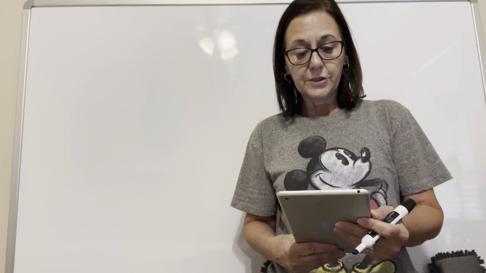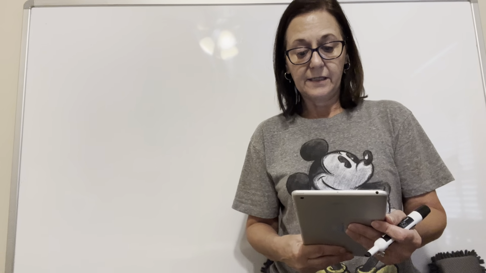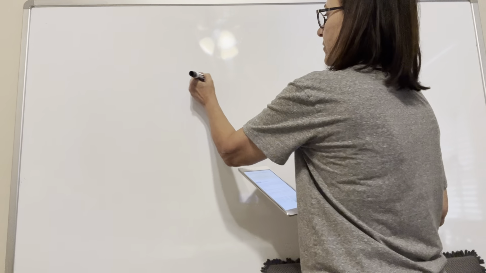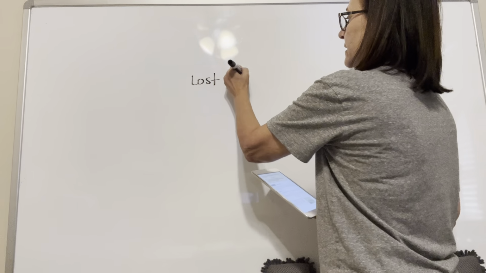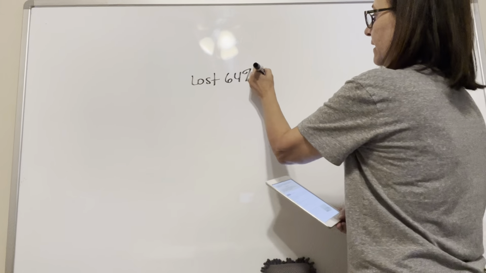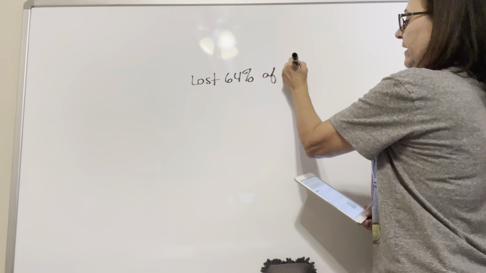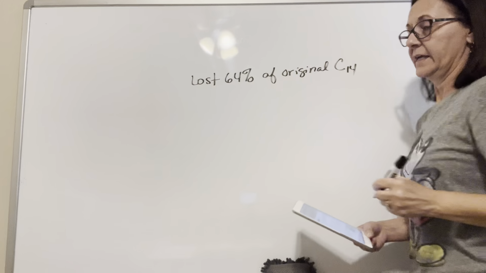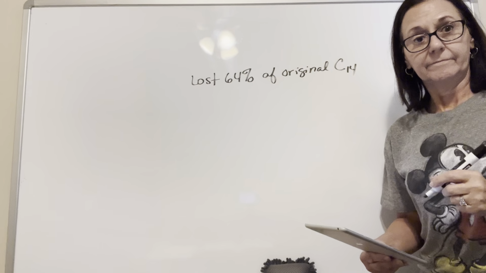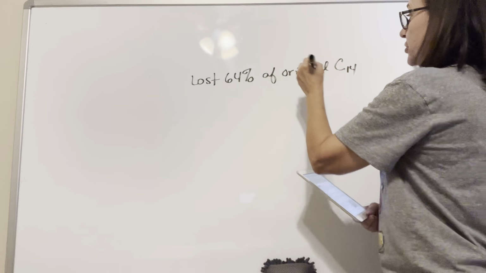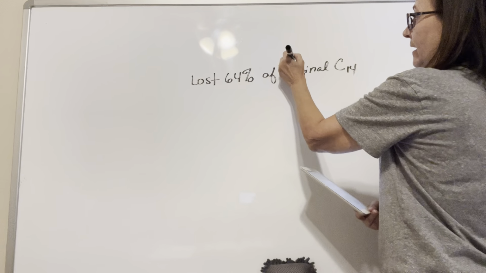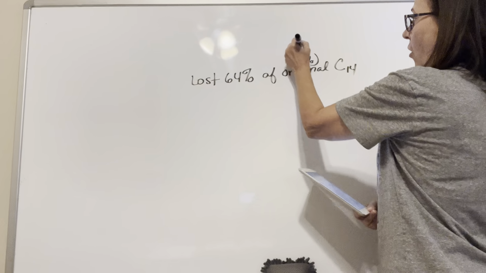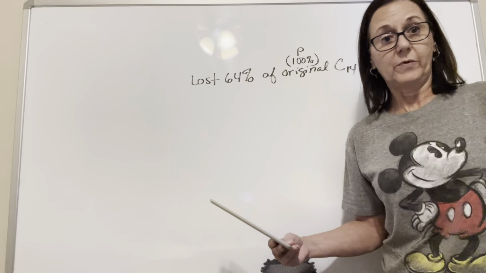An archaeologist determines that the skeleton of a mastodon has lost 64% of its original carbon-14, which was originally 100%, P, whatever that was. We don't know.